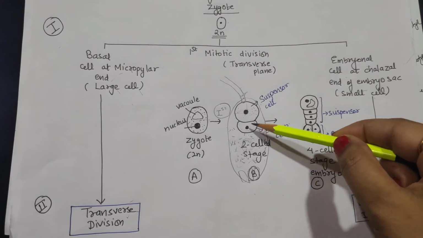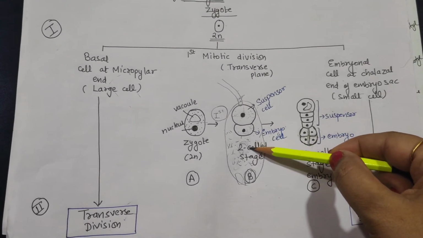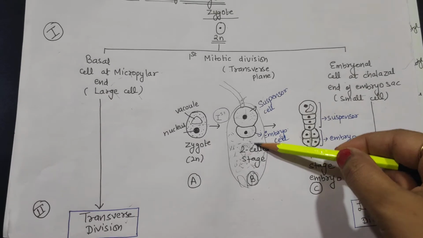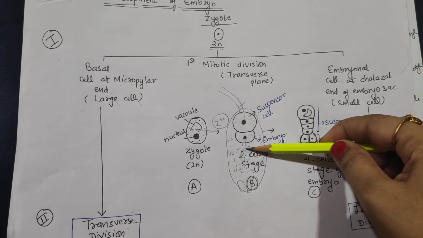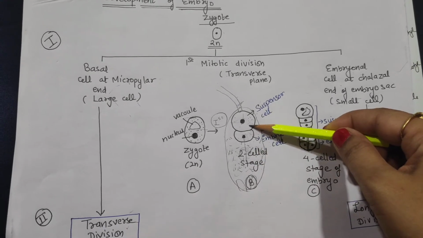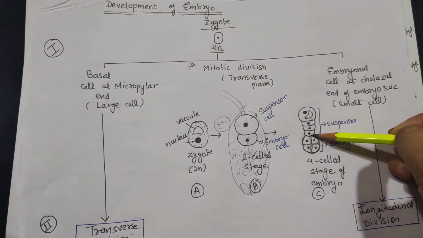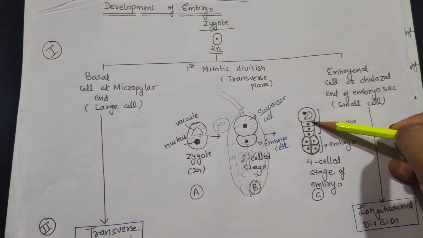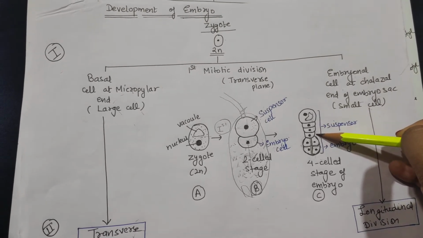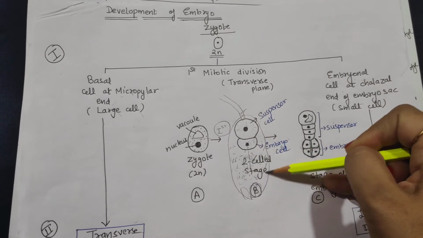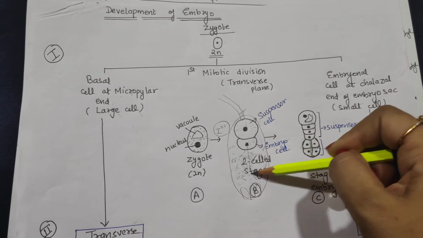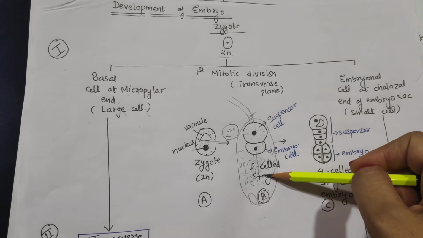And we want our embryo to get complete nourishment from the endosperm. So in order to embed this embryo more and more into the endosperm, the suspensor is going to develop. As soon as the suspensor reaches the six to seven celled stage, it will push this embryo to get embedded more and more into the endosperm to derive nourishment.